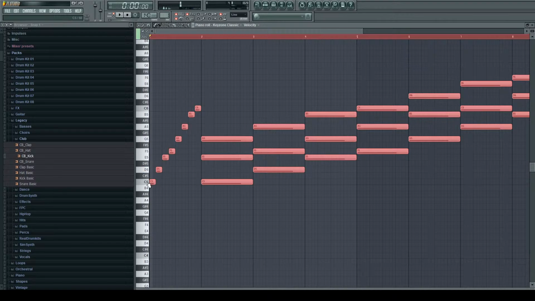With the exceptions of E and F, that's why they're next to each other, and B and C, you're not skipping any note. If you skip a note, it's considered a whole step. If you don't skip a note, it would mean a half step.